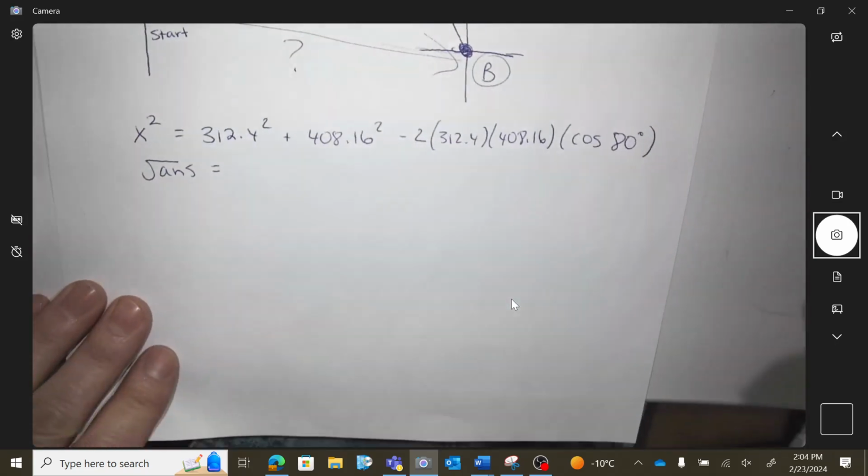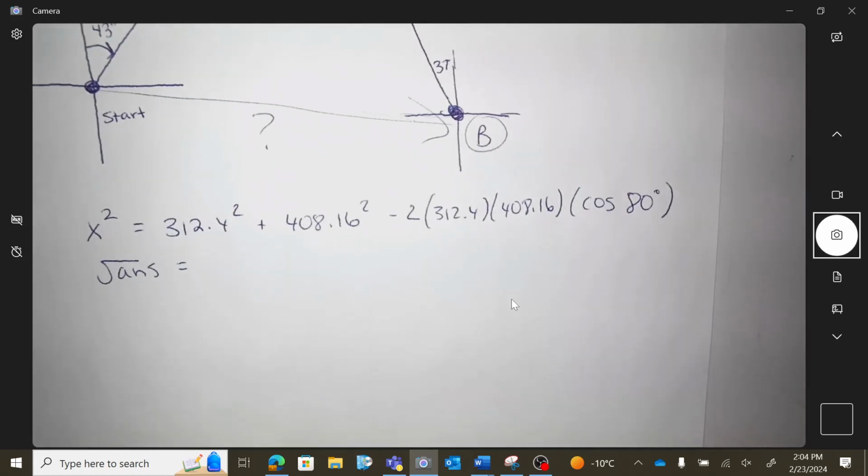Sorry, it's going to be a big type. All that square root answer.